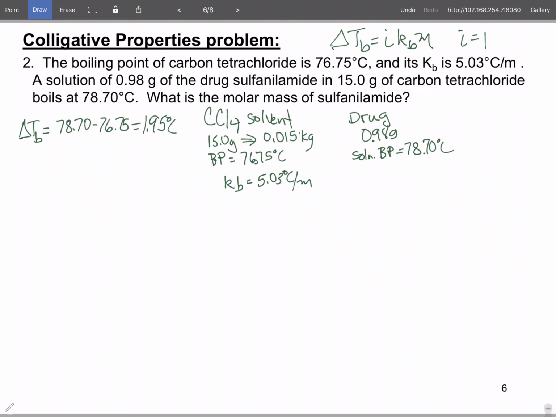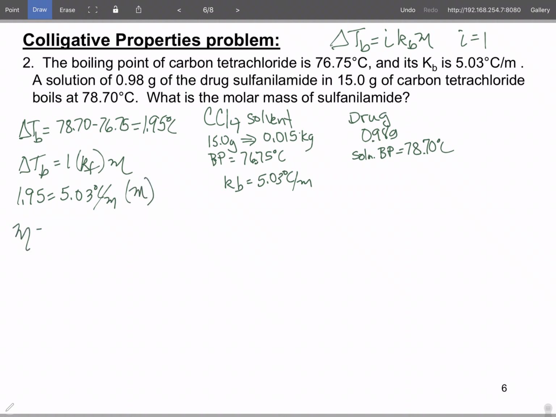So if we set it up as delta T sub B is equal to 1 times K sub B times the molality, that means 1.95 is equal to, what's the K sub B? 5.03 degrees C per molal times our molality.